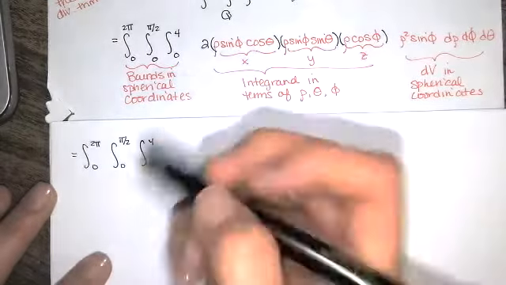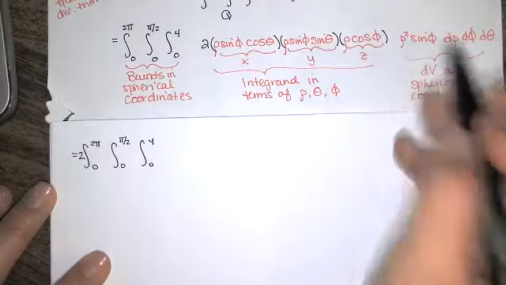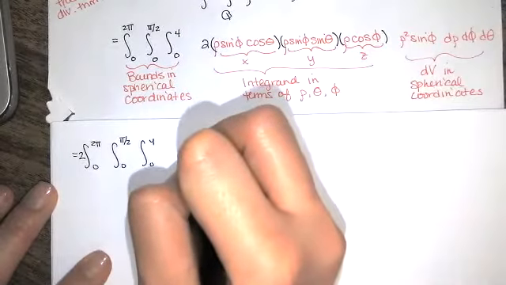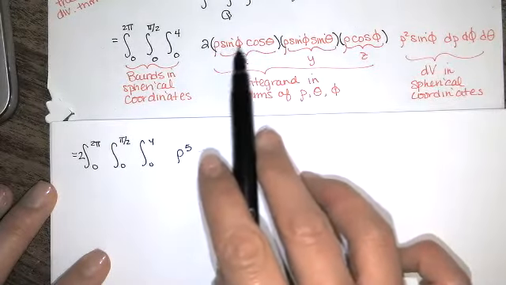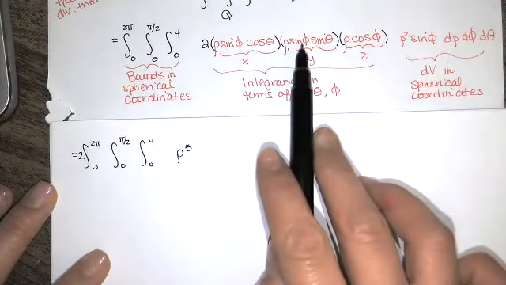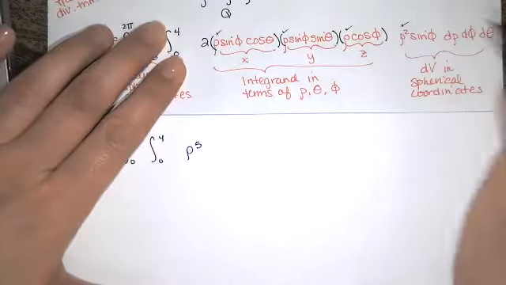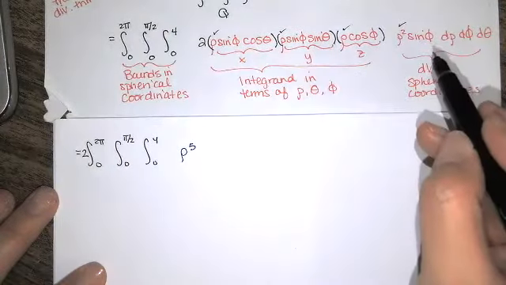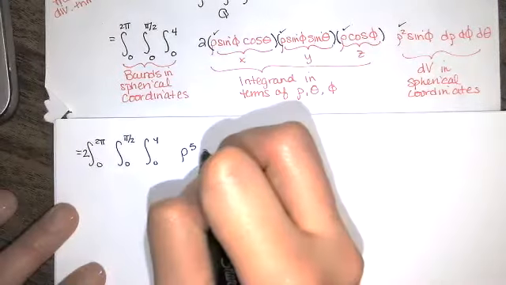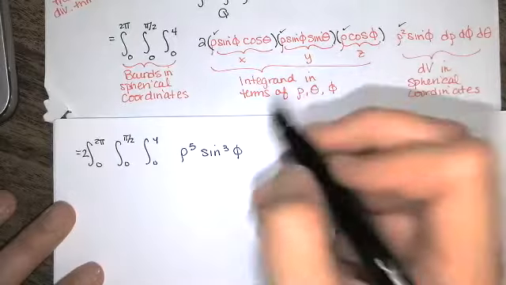We've got 2, we could factor that out. Rho times rho times rho times rho squared is rho to the 5th. And then I've got a sine of phi times a sine of phi times a sine of phi. I'm just going to start checking things off just to remind myself that I've taken care of it. Sine times sine times sine, so I've got sine cubed of phi, and there's a cosine of phi.